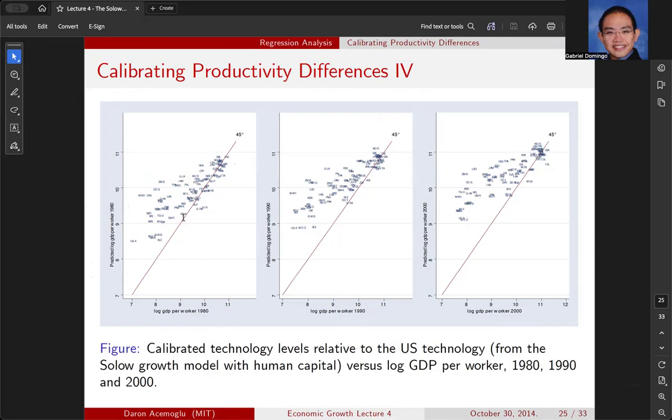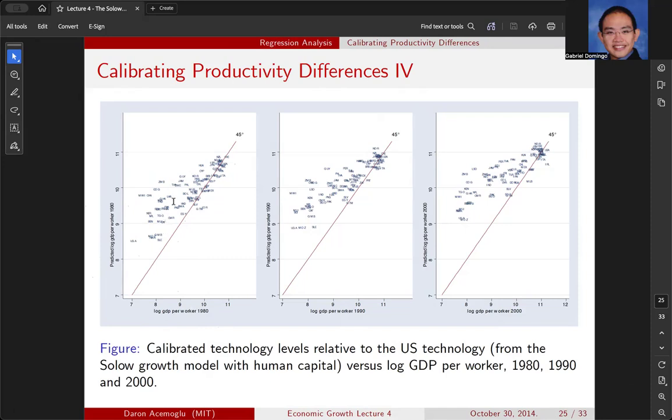So that means if you're on here, the predicted log GDP is equal to the actual log GDP. And what do you notice here? You notice that the predicted is higher than the actual, which tells you that if you use US technology, again, to get this predicted GDP, it will turn out to be much higher. It will increase the country's predicted GDP.